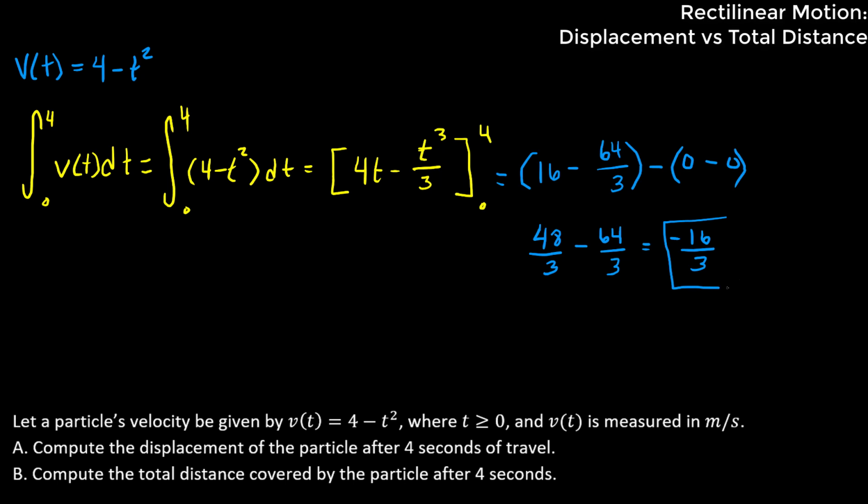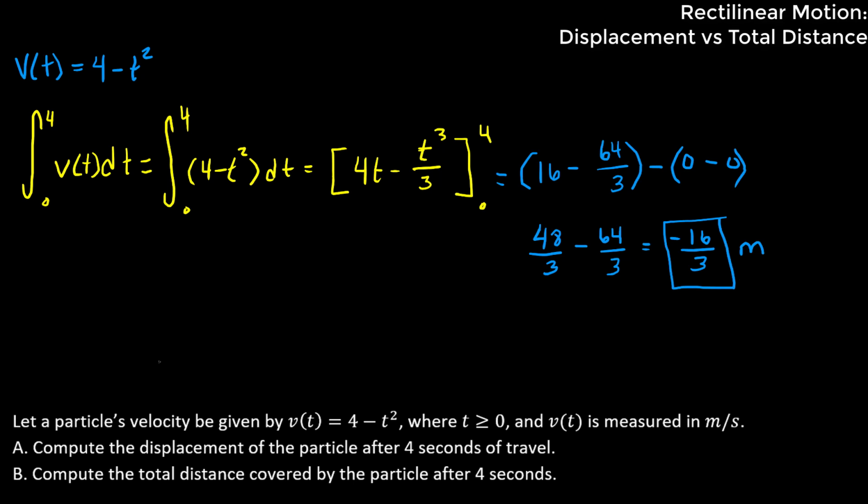That is odd, right? But actually, it really isn't. When we're talking about displacement, again, we're only comparing where we are now compared to where we started. Since we took an integral of velocity, this is going to be measured in meters. So this particle ended up 16 over 3 meters behind where it started.